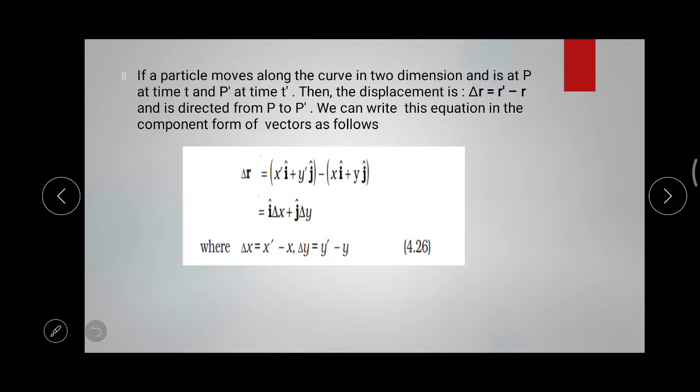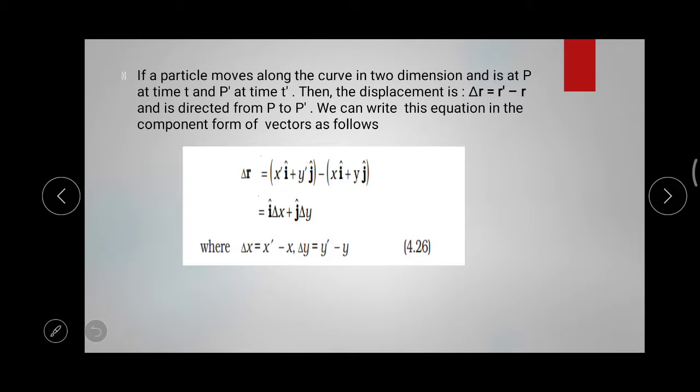So if r dash and r are given in component form, the x and y components of r dash are x dash i cap and y dash j cap, and likewise for r they are x i cap and y j cap.